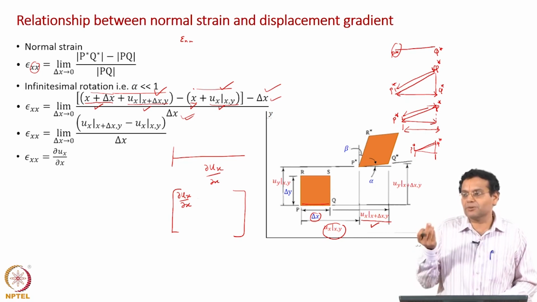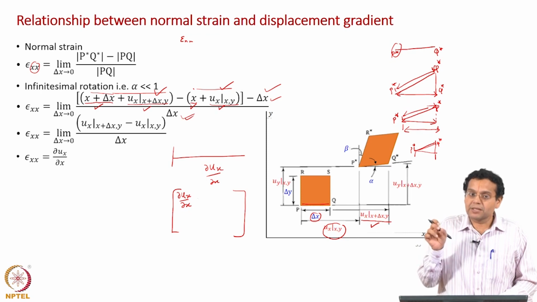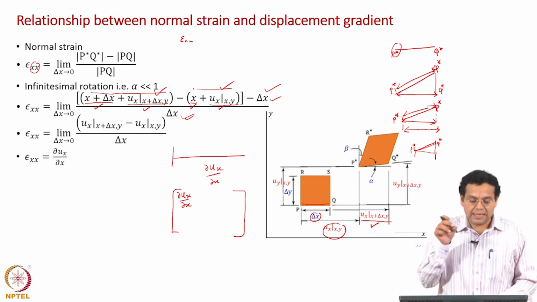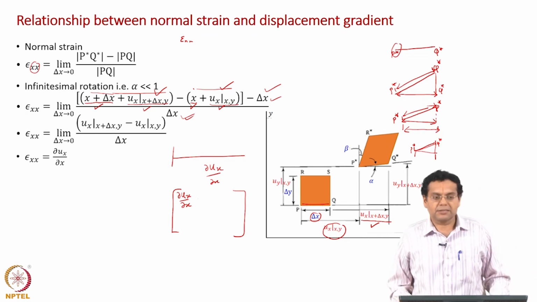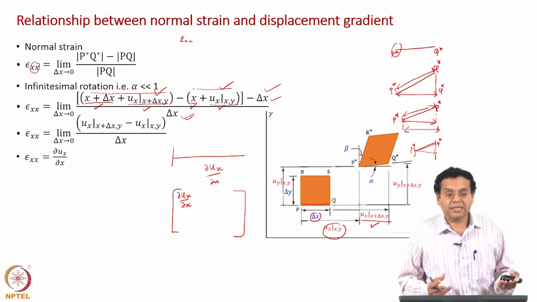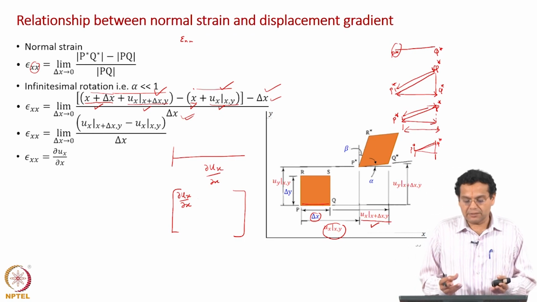Okay. Once again, as I told you, little difficult to imagine. At a point, imagine a very small line segment. Its final length minus original length divided by original length is represented by dou ux by dou x, which we call normal strain. Okay. So, we get a physical significance for a simple partial derivative, dou ux by dou x.